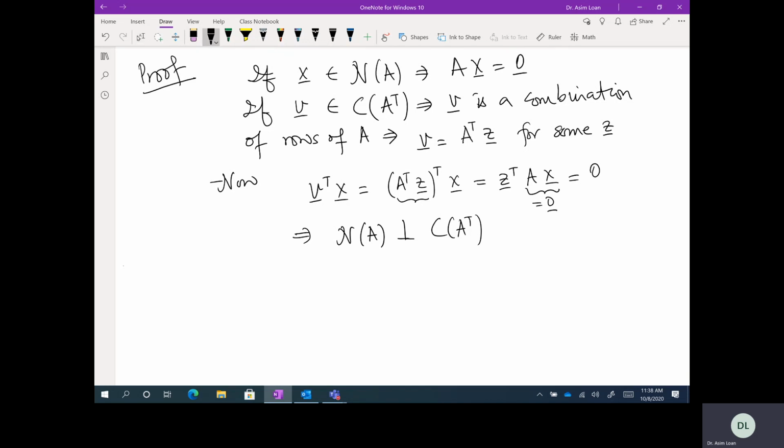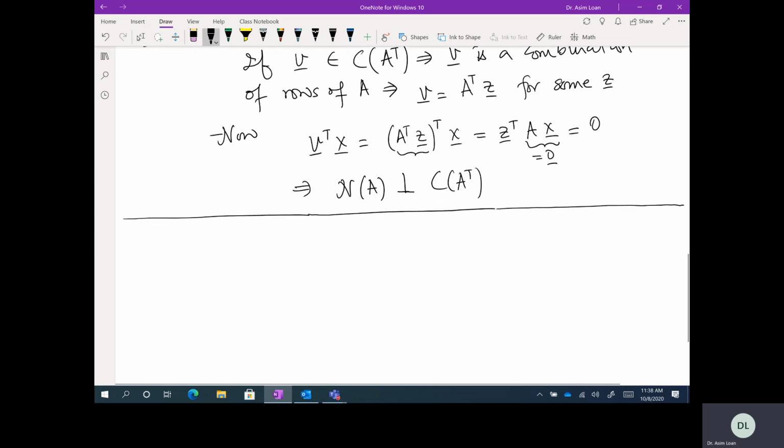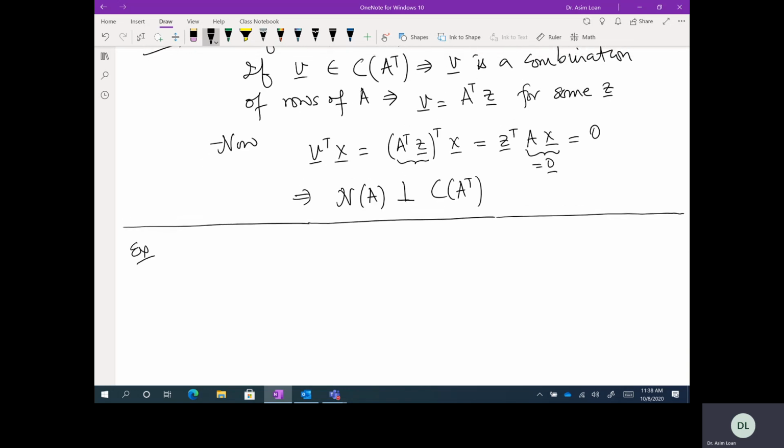Okay, so let's look at an example. So A is equal to 1, 2, 3; 1, 2, 3; 3, 6, 9, and we can easily see if this is A1, this is A2, so A2 is 3 times A1.